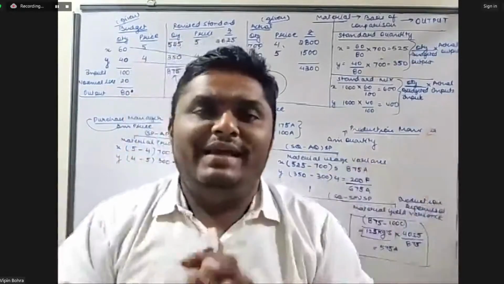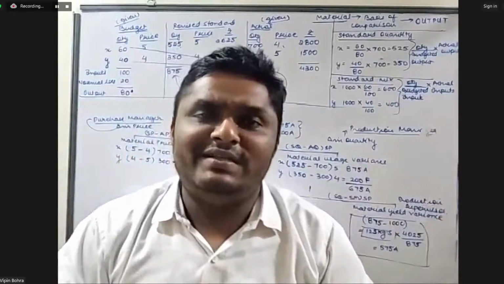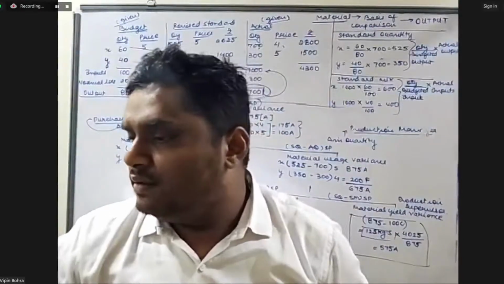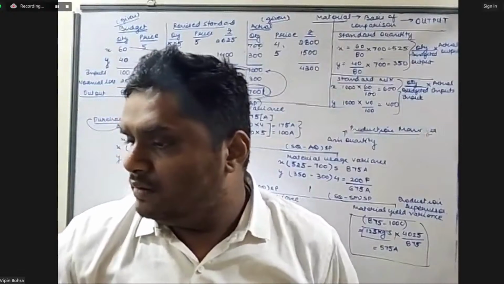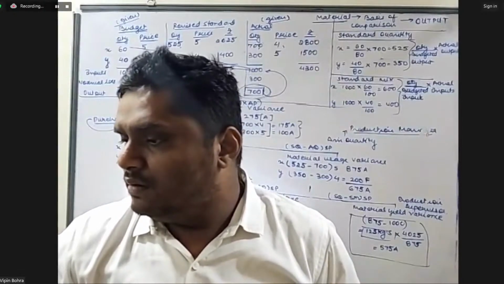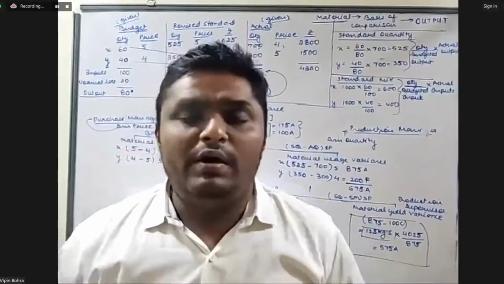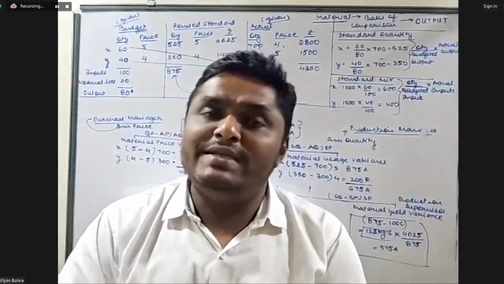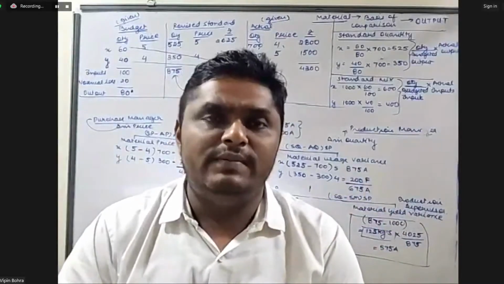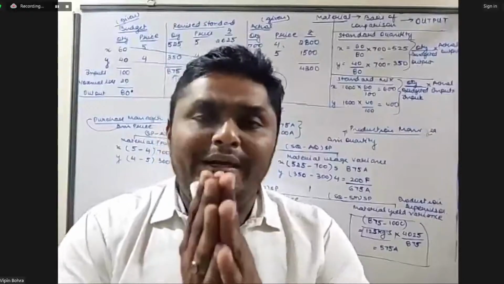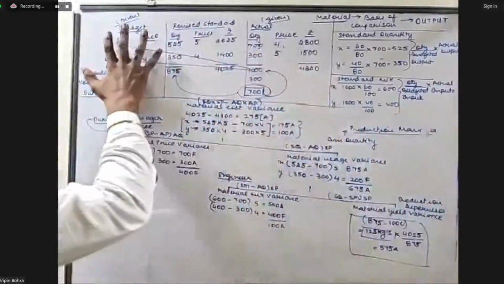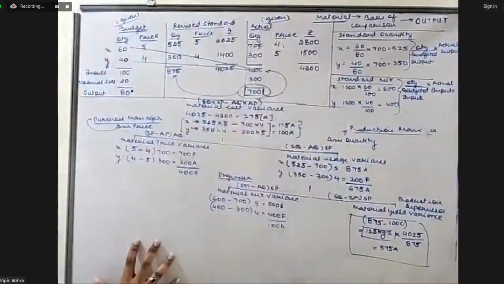So, guys, let's revise what I have discussed in today's session because it's already 9:16. Let's take a quick recap. Then I'll give you some homework to solve the questions. When talking about material variances, generally the information is given in the question as regards budgeted data and actual data.